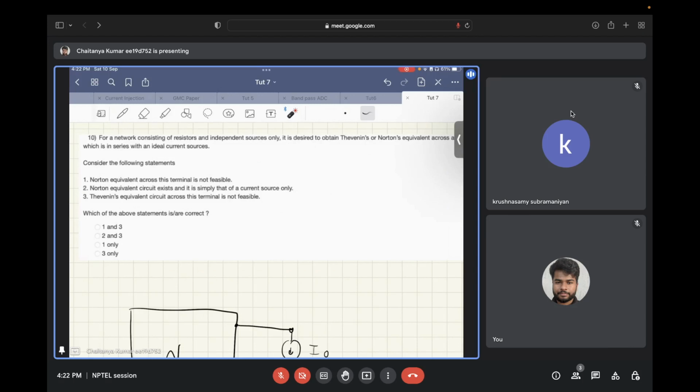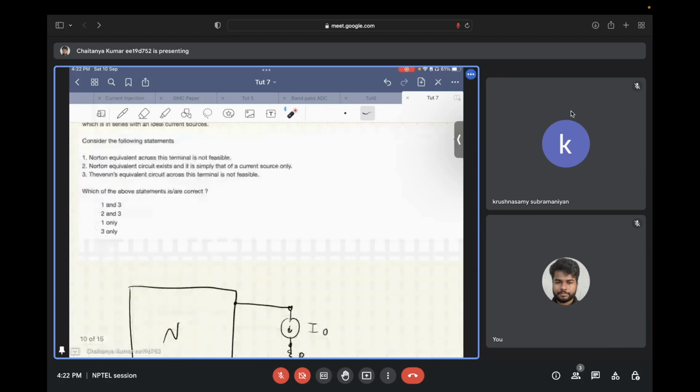So consider the following statements. Norton equivalent of this terminal is not feasible. Norton equivalent of the circuit exists and it is simply equal to the current source only. And Thevenin equivalent circuit across this terminal is not feasible.